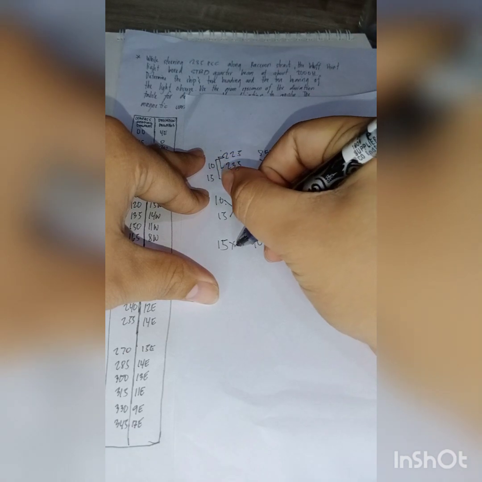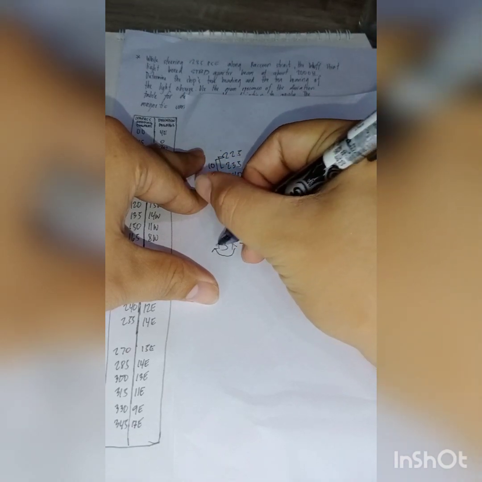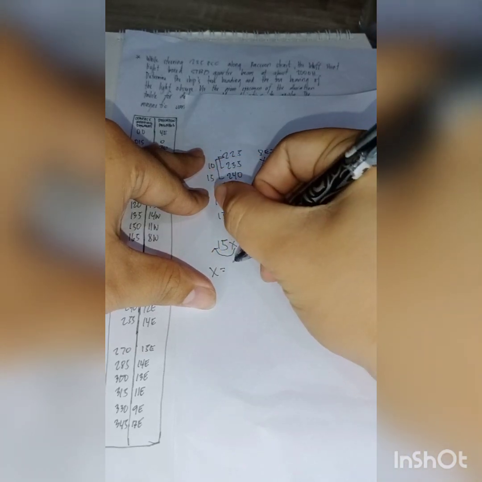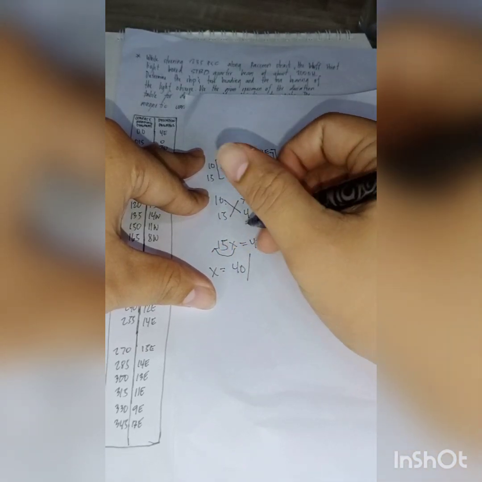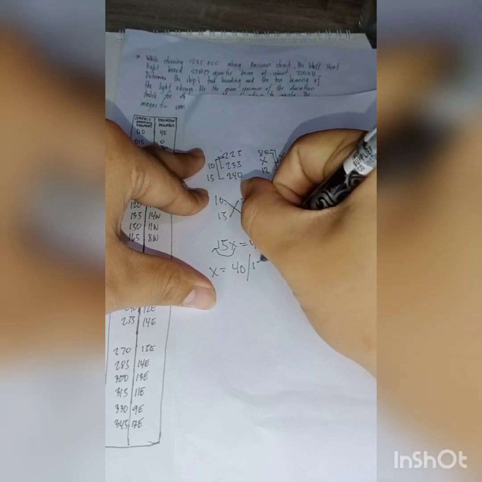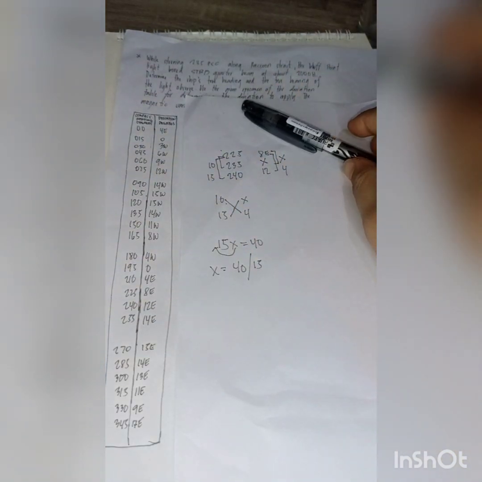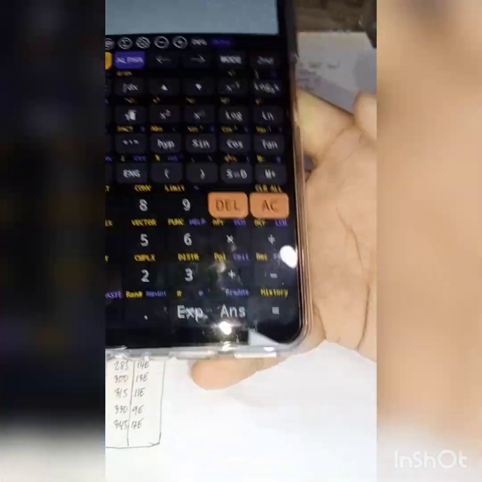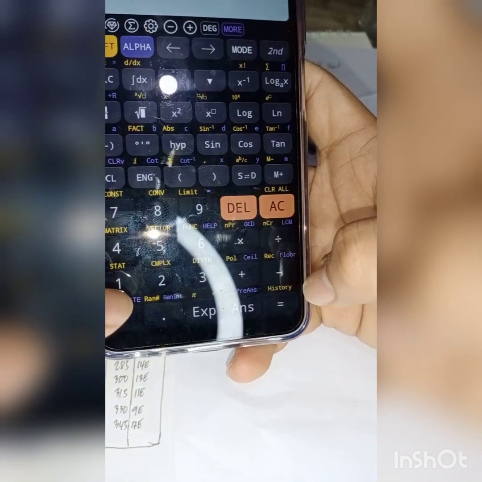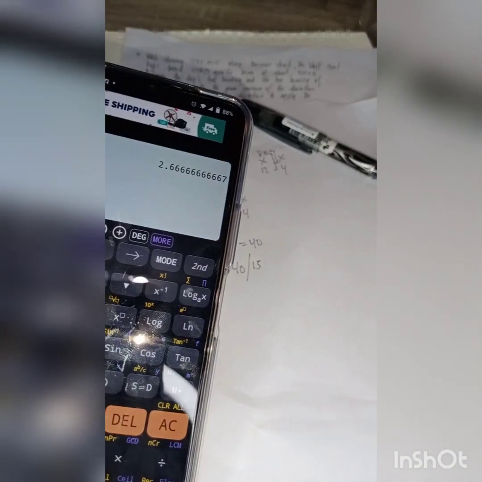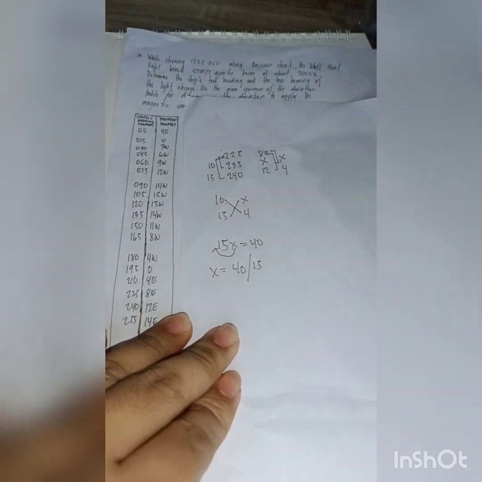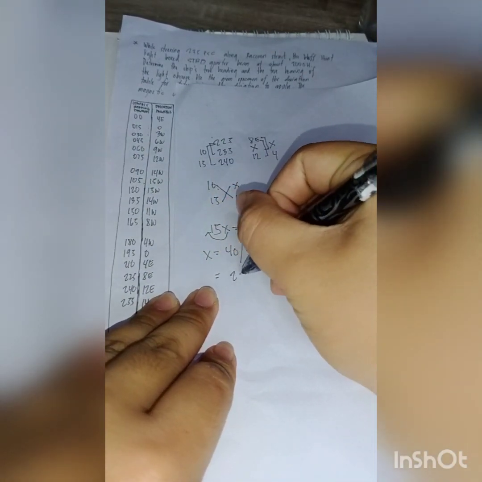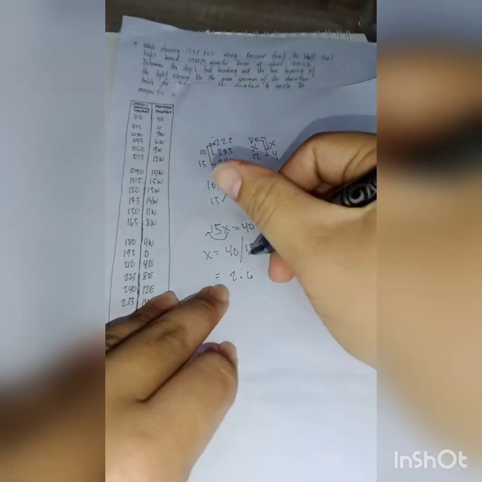So X equals 40 divided by 15. The answer is 2.6, rounded off to 2.67.